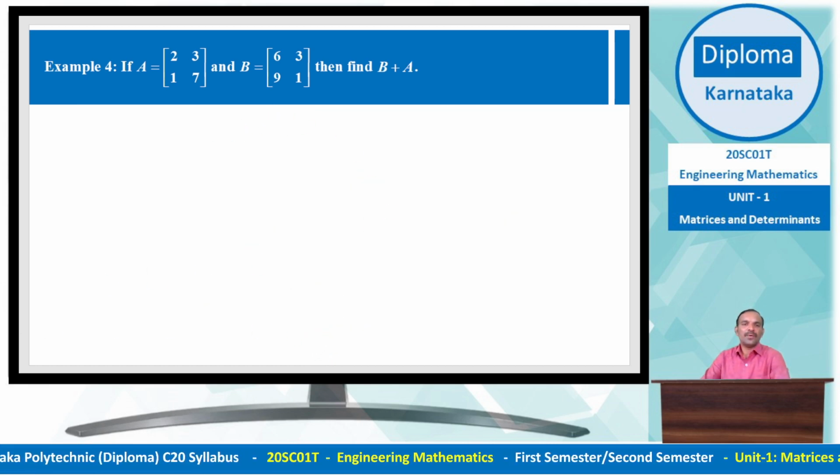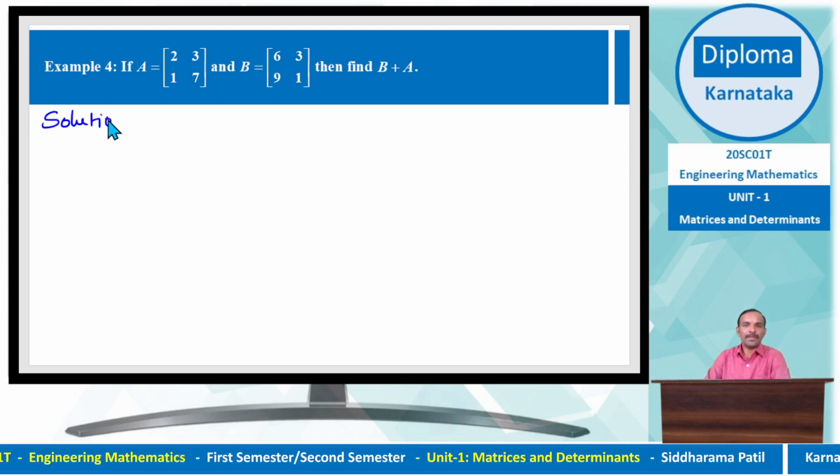Example number 4. If A is given and B is given, you have to find out B plus A. There it was A plus B, here it is B plus A. Let us see what happens. Solution. First you have to write down the given matrices.